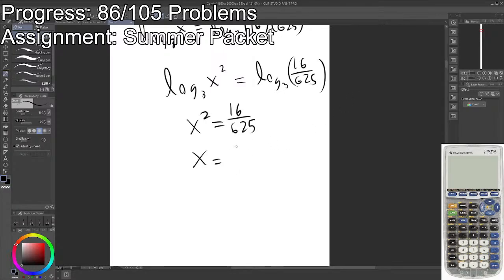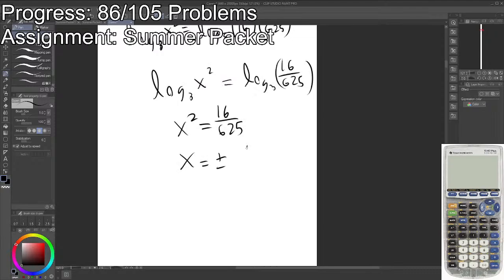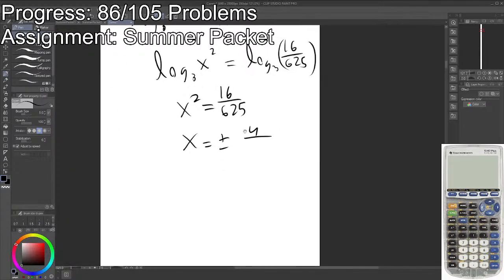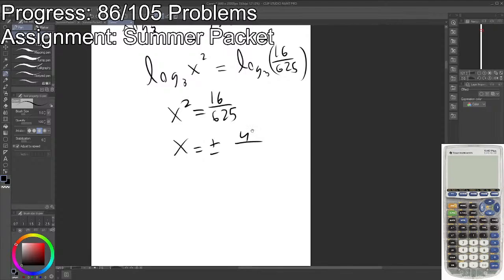Okay, so 4 plus or minus 4 over... What did we get 625 from? 5. Wait. It's a square root, that's different. 25.